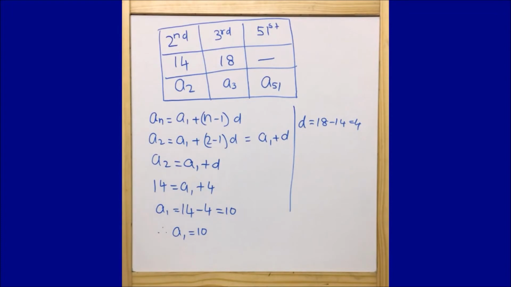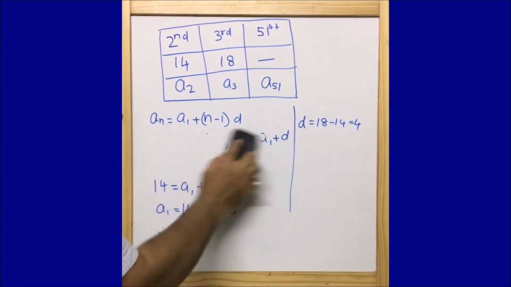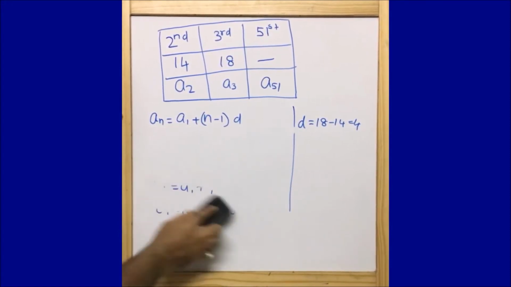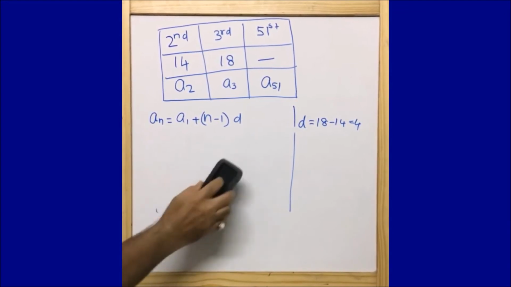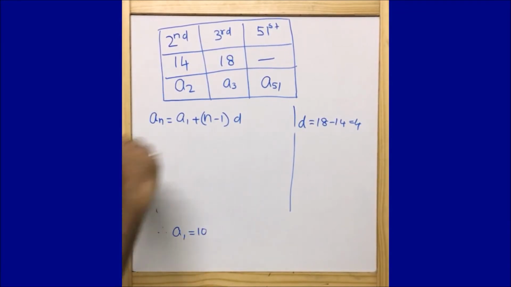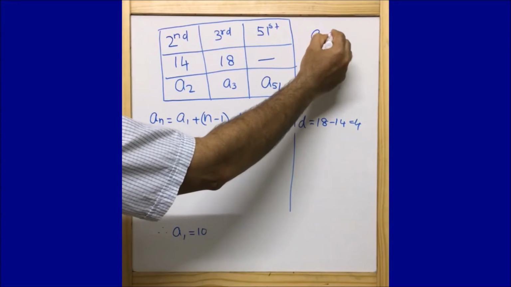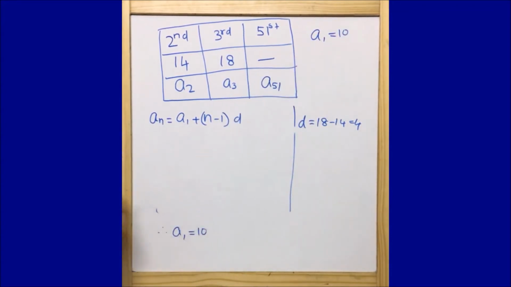So we got the value of a1 as 10. Now we can easily calculate a51.